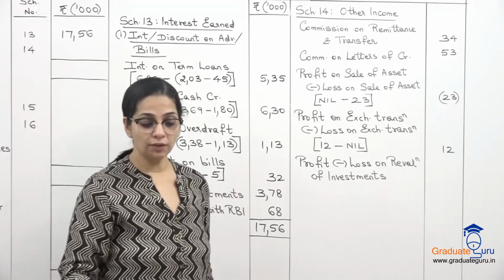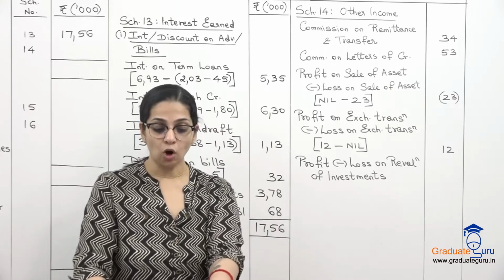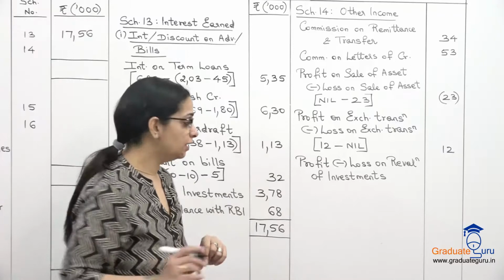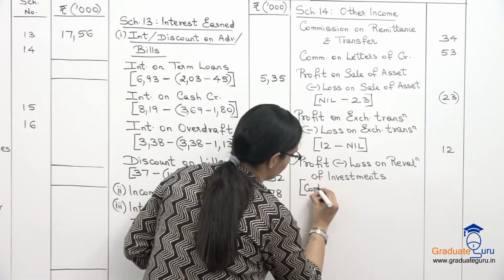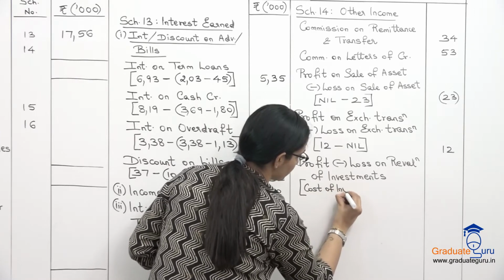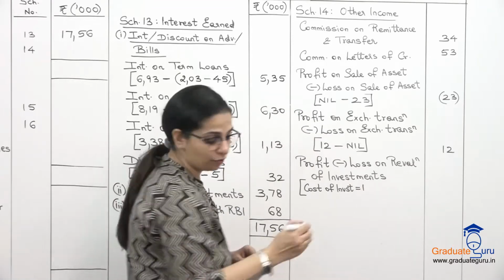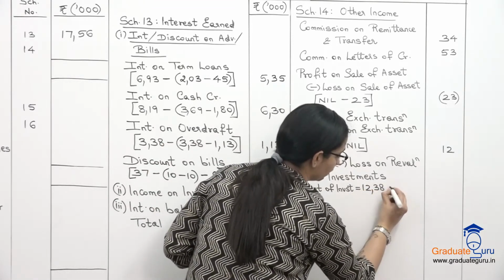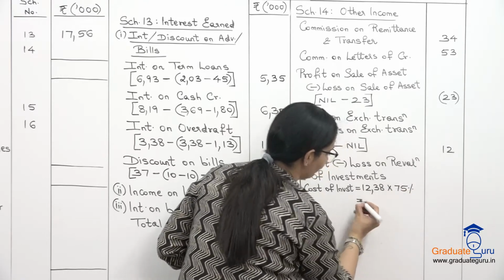So first they've said total investments are 12,38,000 and from that 75% are the ones which we are revaluing. So we'll show the working over here. Cost of investment. I'll again write it in thousands. So it's 12,38,000. I'll write it as 1238 into 75%.